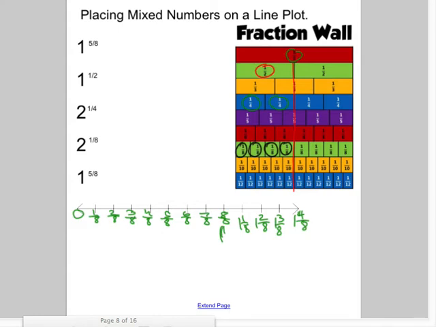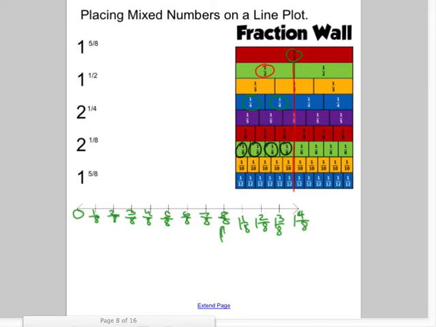The rest we need more number line for. Ariel. Close. But look, our number line ends at 1 and 4/8. So we can't put 1 and 5/8 yet. Matthew. 1 and 1/2.